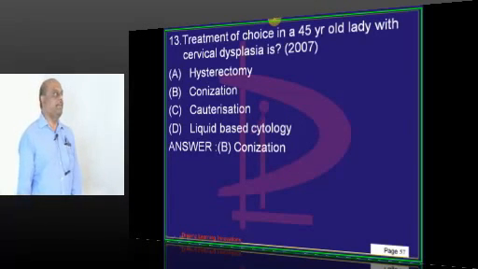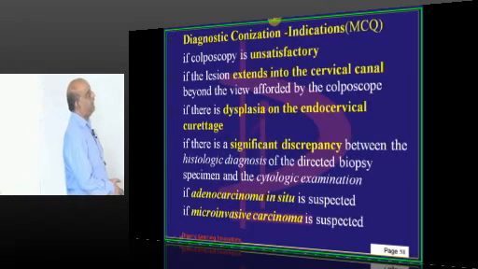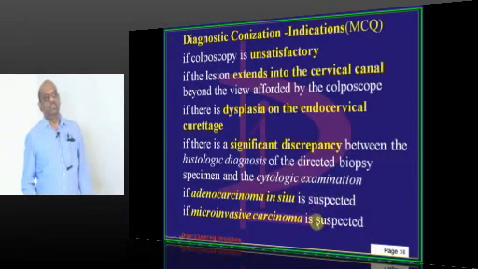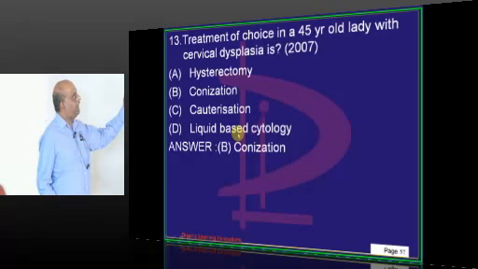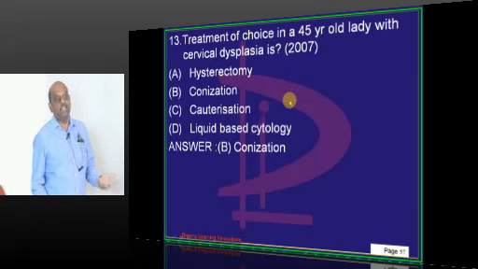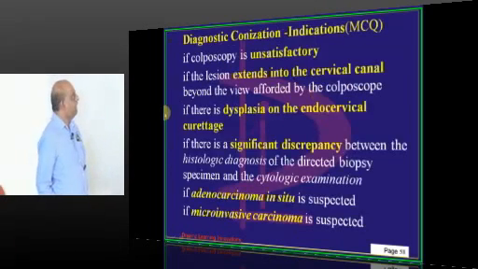So that is the reason they say please do the hysterectomy. But otherwise, what is recommended is, if it is only cervical dysplasia, then diagnostic conization and follow-up is what is basically required, because it is still in a carcinoma in situ stage.